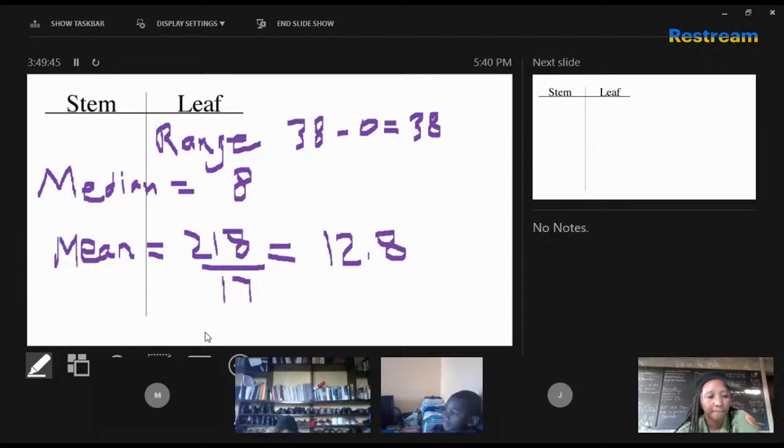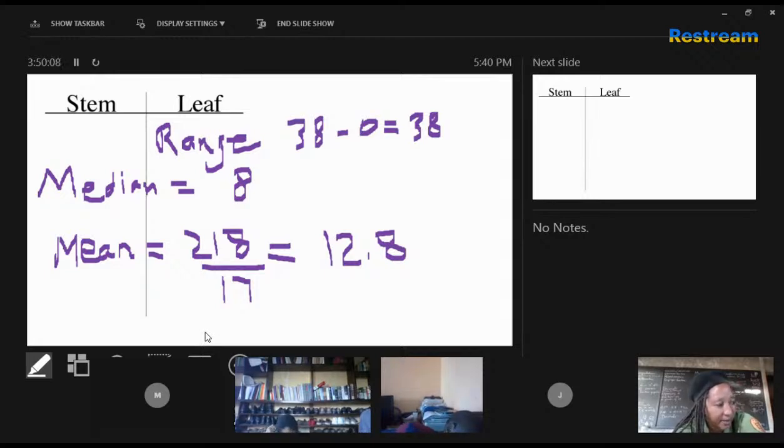Miss, it's when you put all the numbers from least to greatest. That's all. You line them up from least to greatest and find the middle number.